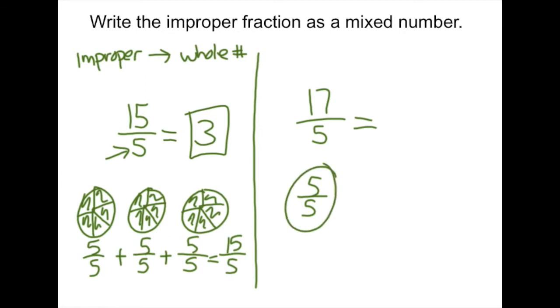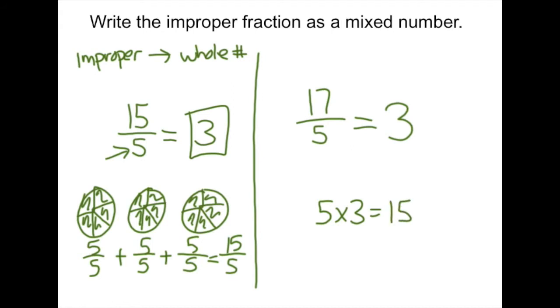Well, we can ask ourselves how many 5s go into 17. Well, 5 goes into 17 3 times. But 5 times 3 equals 15. And as you can see here, we have 17 in our numerator.